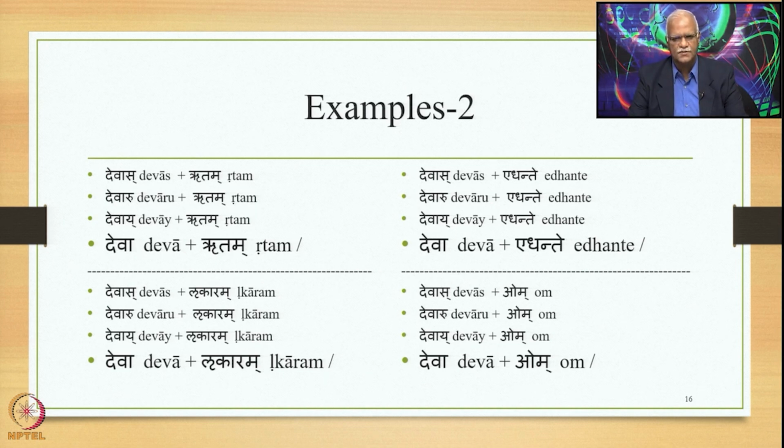Then ru is substituted by ya, and then ya is optionally deleted by 0, and so we get the form deva edhante. Then we have devas plus om, and then sa is substituted first by ru, then by ya, and then this ya gets deleted, and so we get the form deva plus om optionally.